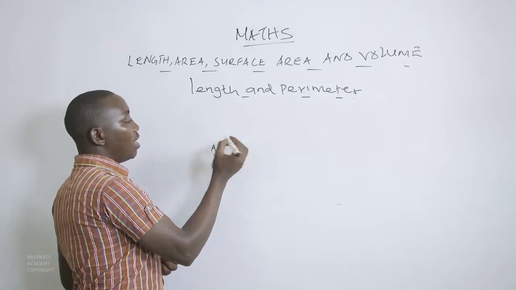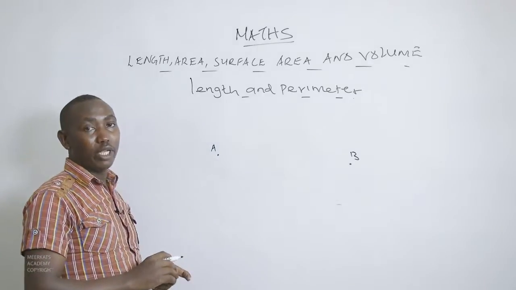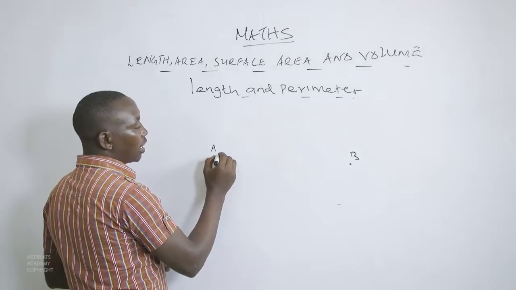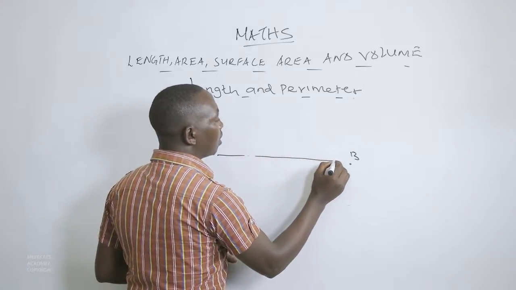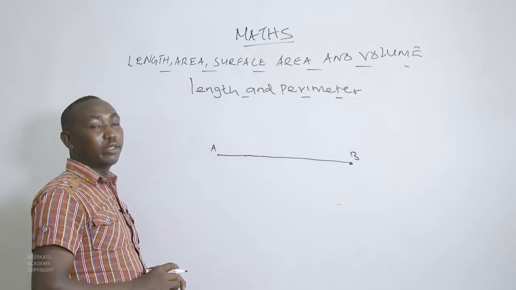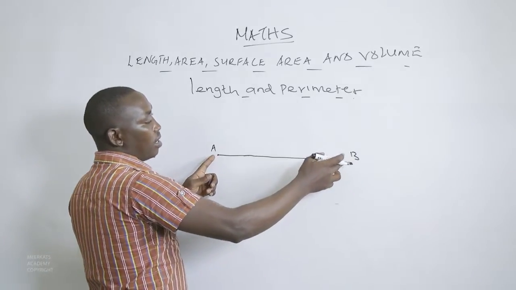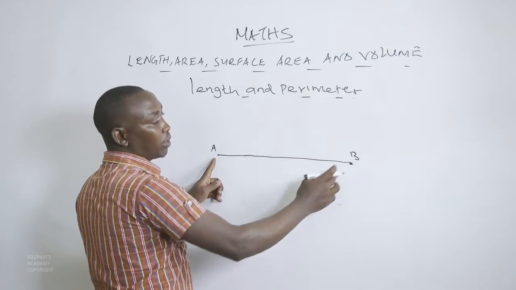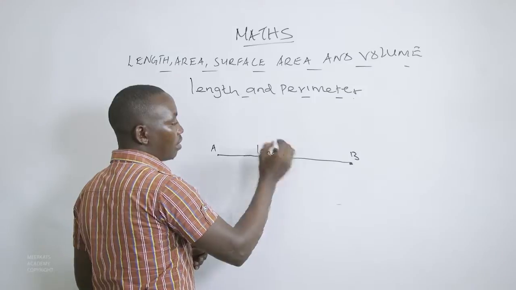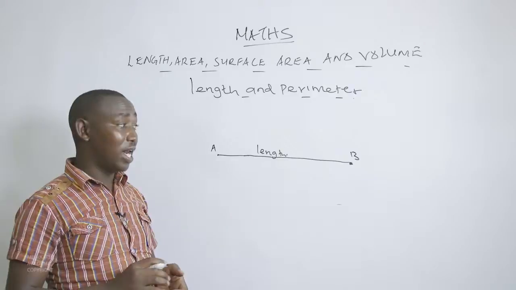Let's talk of point A and another point on the same plane figure, point B. If we were to connect these 2 points using a straight line from point A to point B, then the measurement of this distance from point A to point B will be the one referred to as the length. And length normally has its own units, or units of measurement for length.